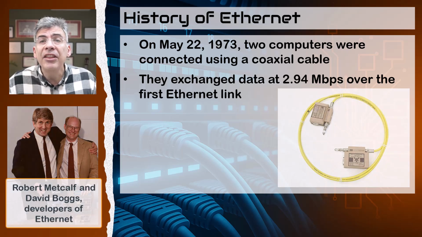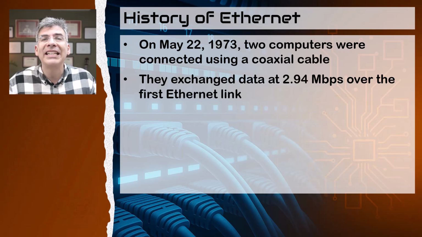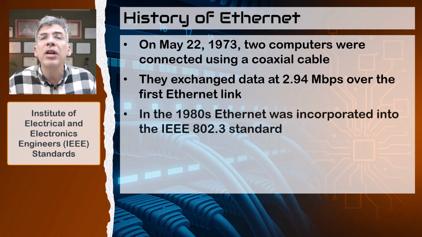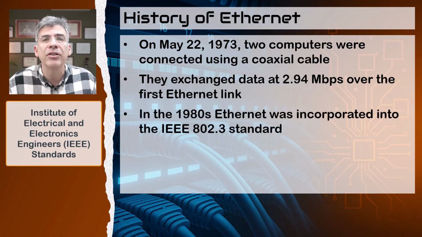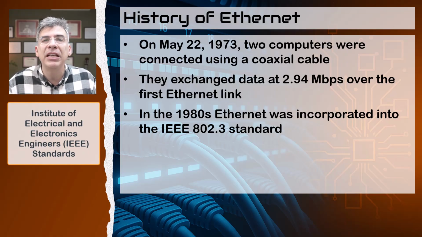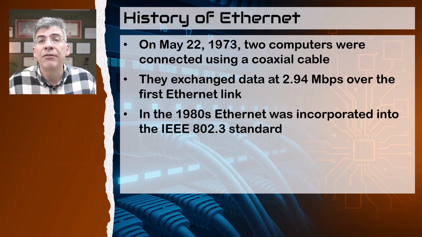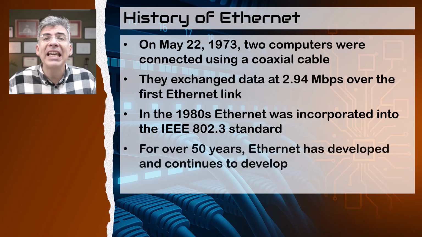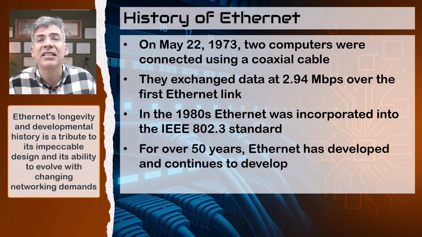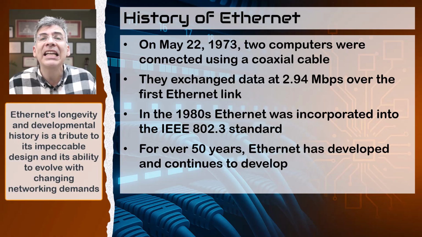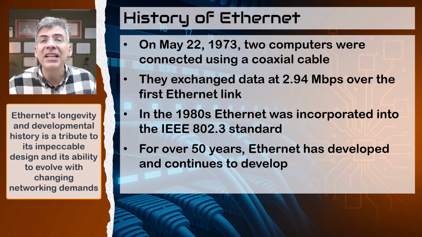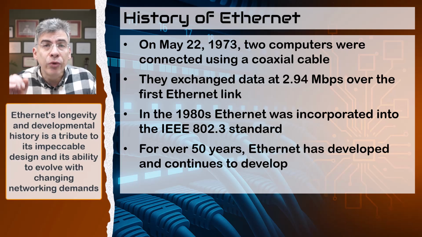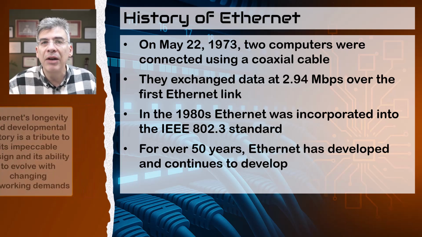Since then, Ethernet was adopted in the early 1980s into the Institute of Electrical and Electronic Engineers, or IEEE, standards, defined as IEEE 802.3. If you've been around networks, this code should sound familiar. Over the decades, Ethernet has evolved tremendously to what we have today, and it continues to be developed further. So learning the fundamentals of Ethernet is crucial to your understanding of networking.